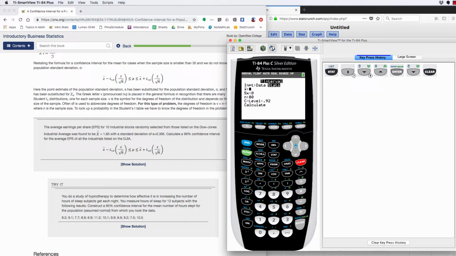We have a mean of 1.85. We have a standard deviation of 0.395. We have 10 stocks. And we're going to do a confidence level of 0.99.